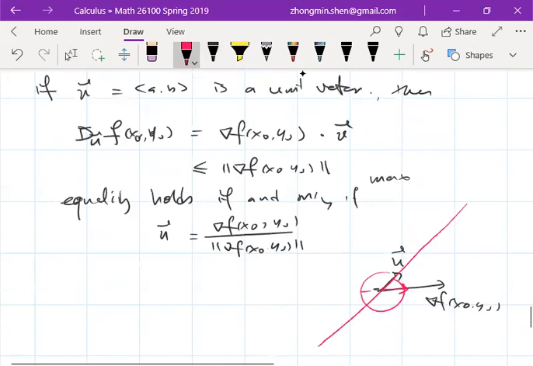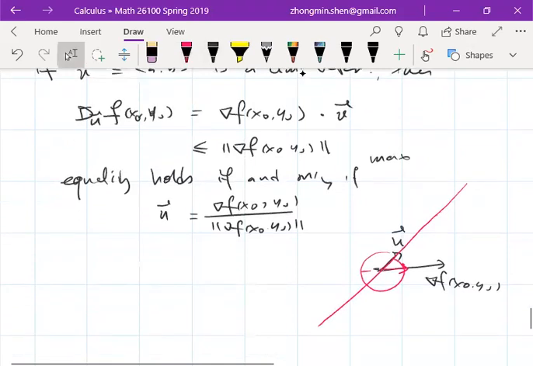So this gives the idea in which direction you get the maximum possible value of the directional derivative. It happens only in the direction of the gradient. In that direction, the rate of change of the function is maximum.